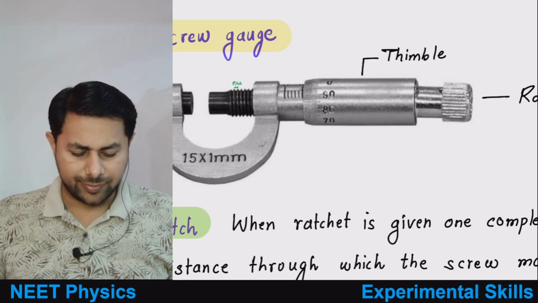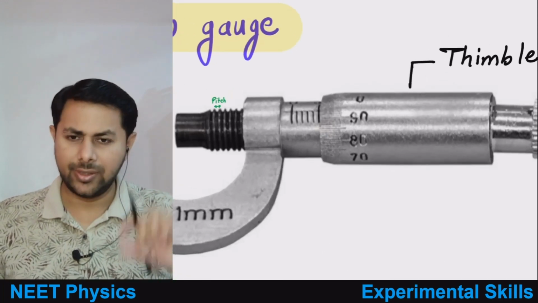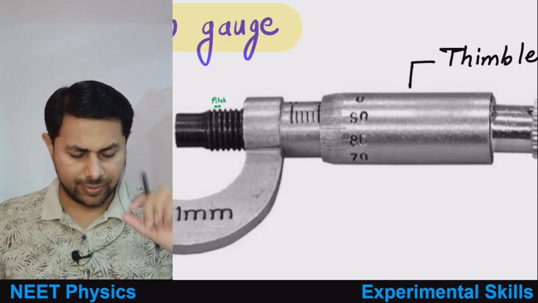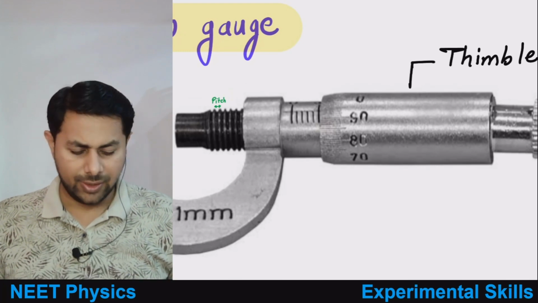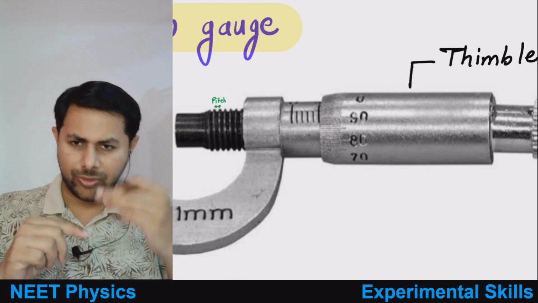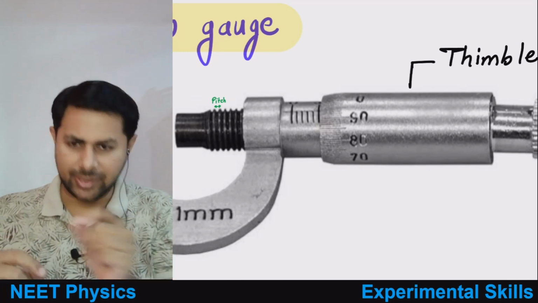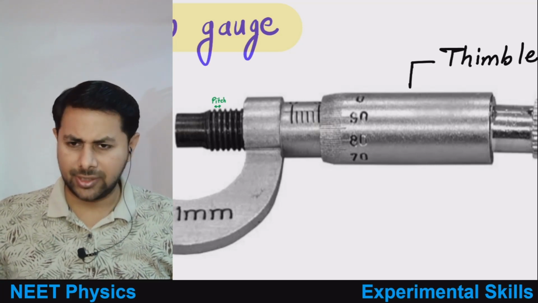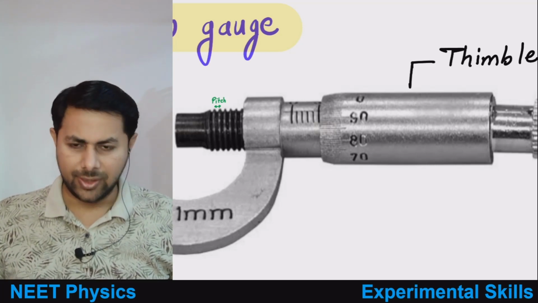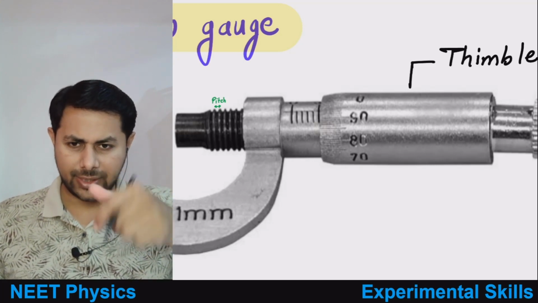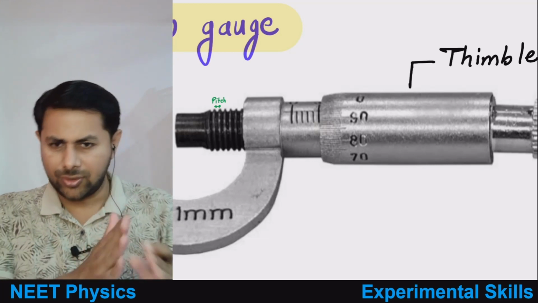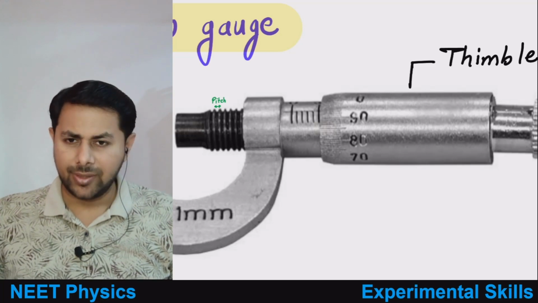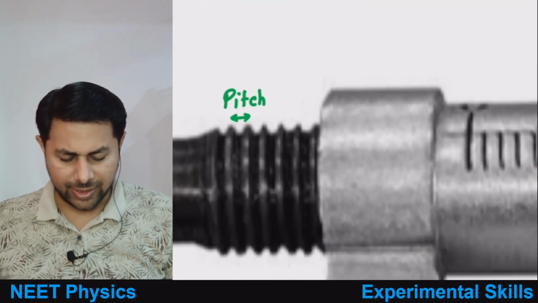Now when you give one rotation to this ratchet, the screw moves ahead by some distance, and that distance is known as the pitch. When you rotate the ratchet by 360 degrees, the screw moves ahead by some distance, known as pitch.